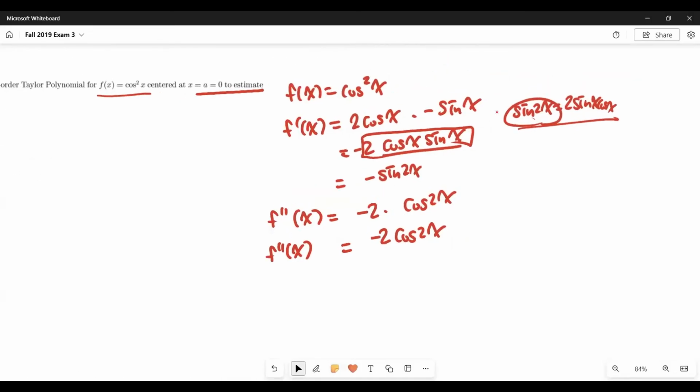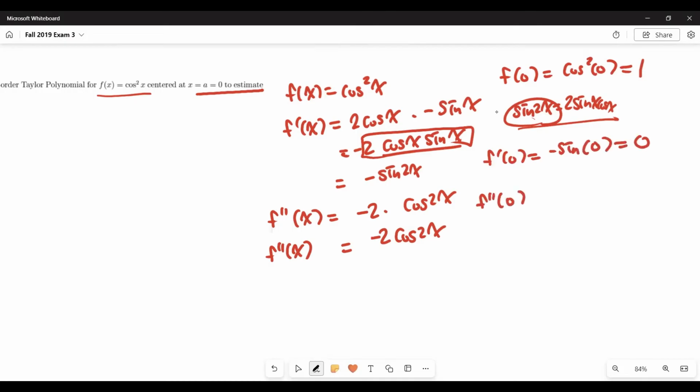So f of 0, cosine squared 0, is just 1. F prime of 0, negative sine 0, is 0. F double prime of 0, negative 2 cosine of 0, is negative 2. We have those values.